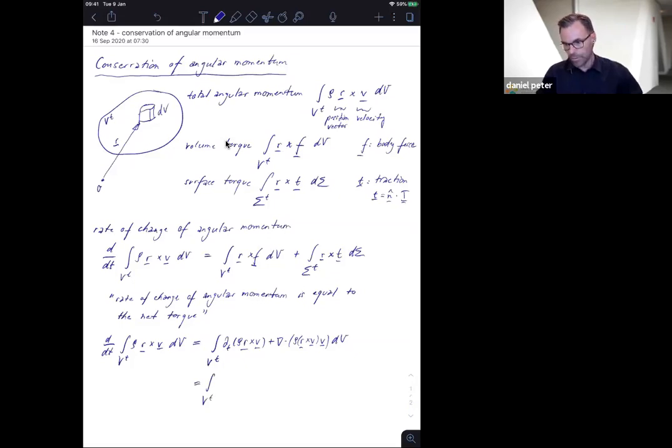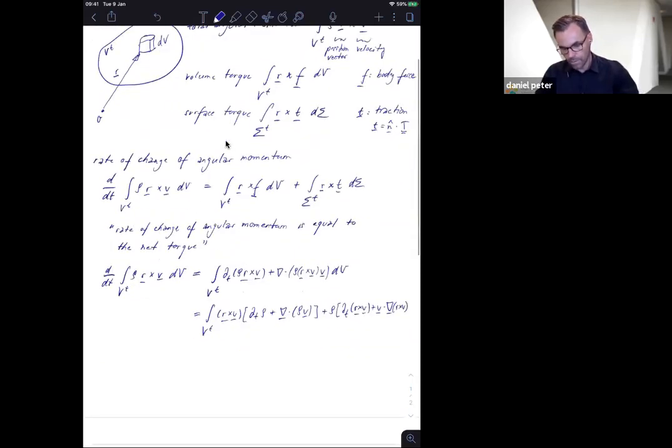Okay, let us rewrite this again a little bit. So what we can do is we rewrite this as r times v times now the time derivative of rho plus the divergence of rho v, and the terms we still have are rho times the time derivative of r times v plus the velocity times the grad of r times v, and then dV.